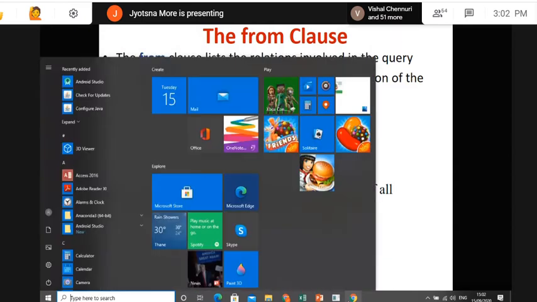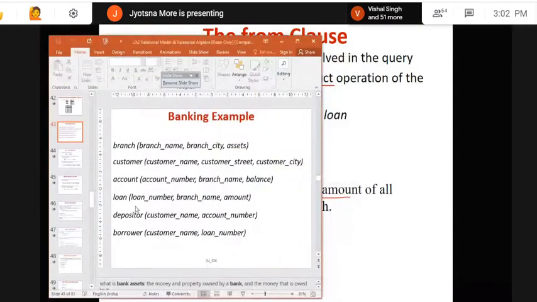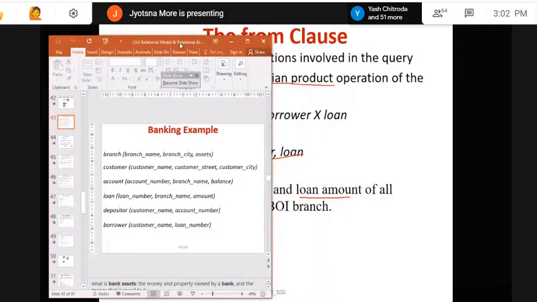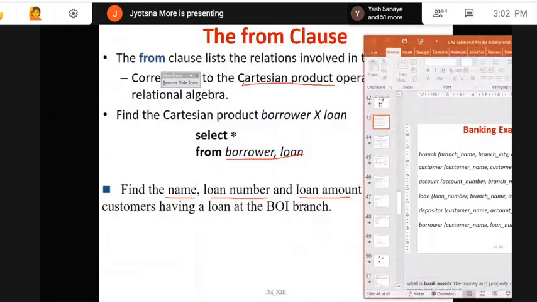So I will find out what I require. I require customer name. Customer name is here in customer, and it is also present in depositor and in borrower.